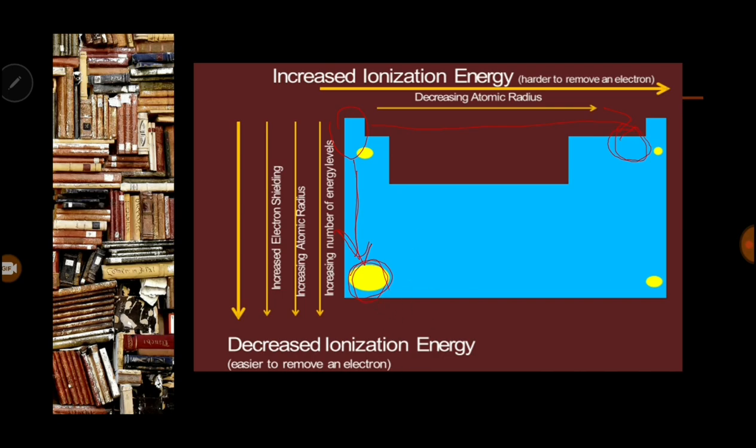Because of the increasing number of energy levels, it will easily remove the outer valence electron, and because of the increasing shielding effect, it will cost less energy to remove one electron, so the ionization energy will decrease.